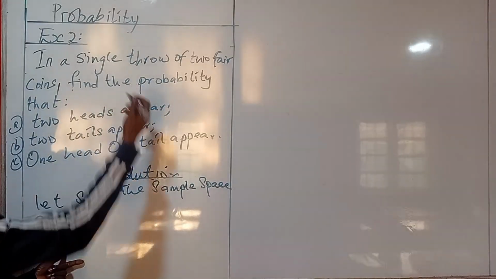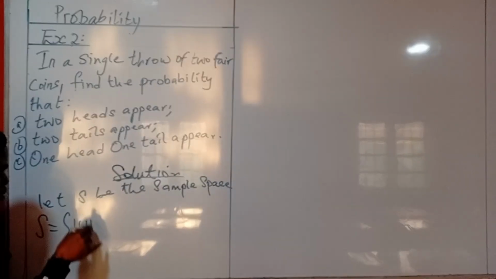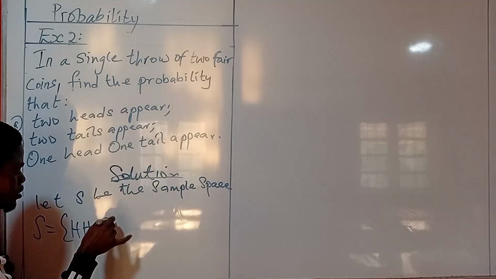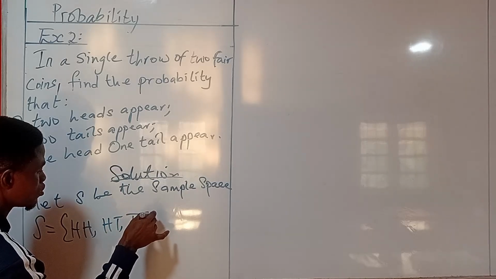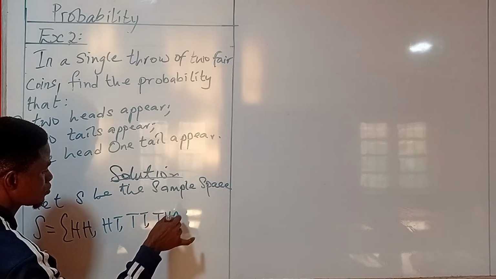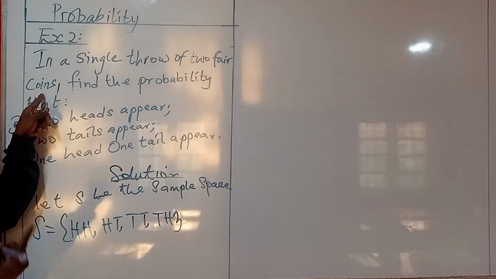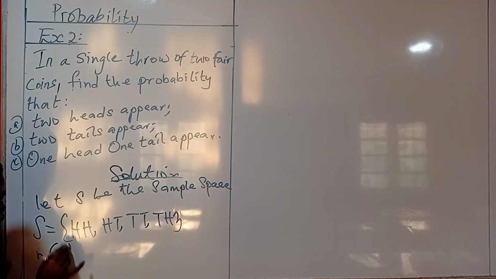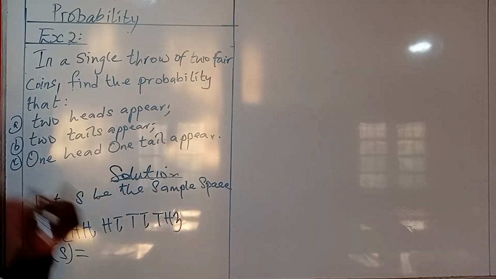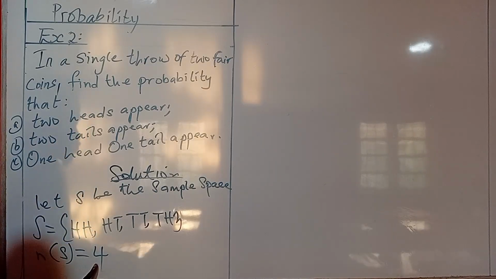Now we have 2 coins, so we are going to have head, head, head, tail, tail, tail, and tail, head. So this is the sample space of throwing 2 coins at the same time. Then what is the number of outcomes when you toss them at the same time? We are going to have 4 as the total possible outcome.